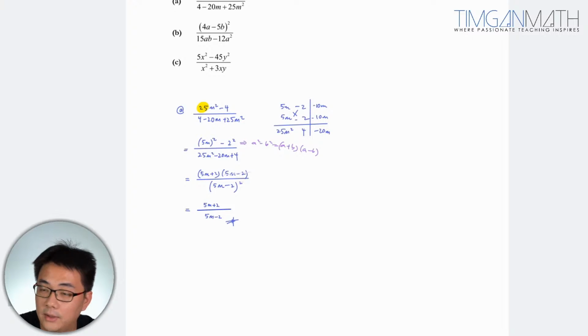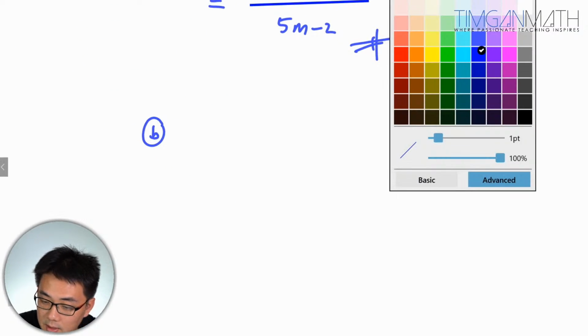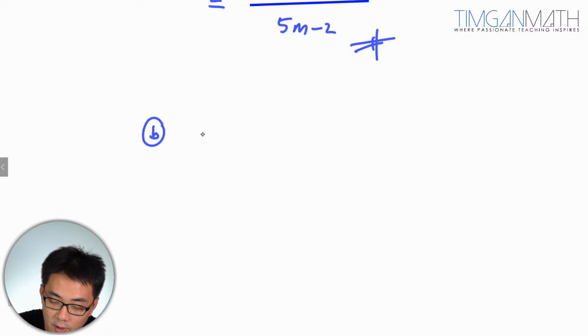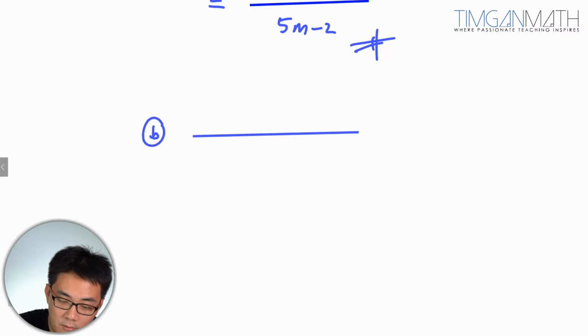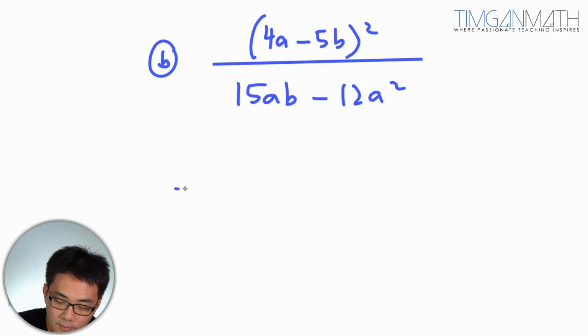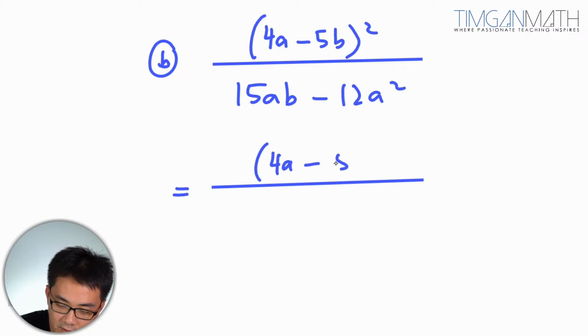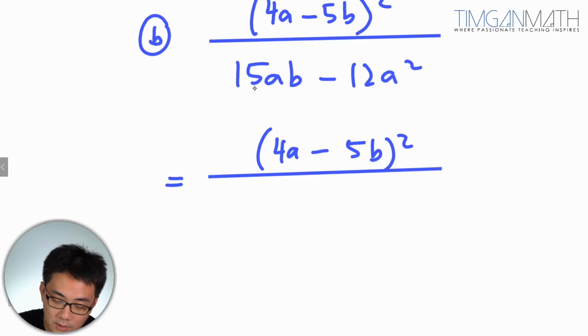Let's look at the second part. So this second part here, what we have is 4a minus 5b squared over 15ab minus 12a squared. So in this case, what we're going to do is just factorize it out. So this would be 4a minus 5b squared. I'm going to factorize the denominator.